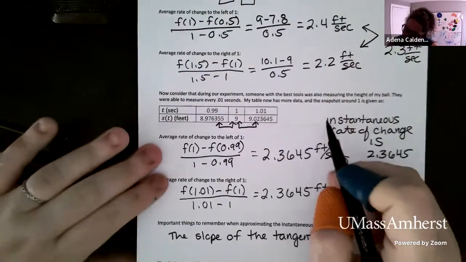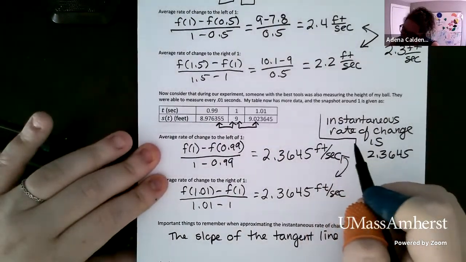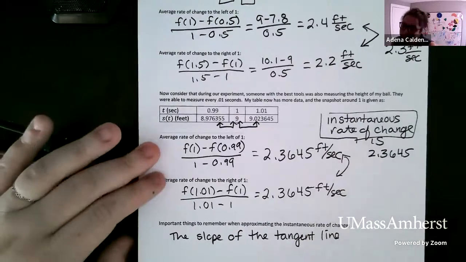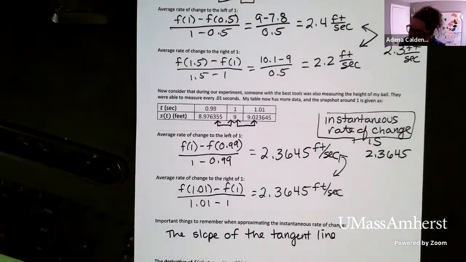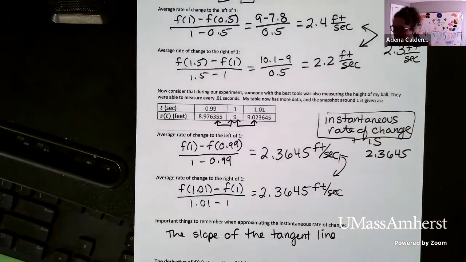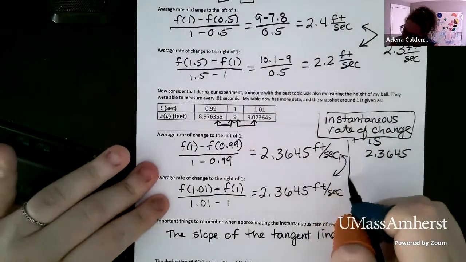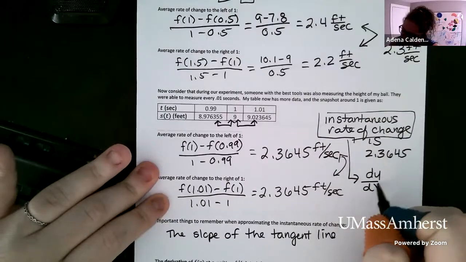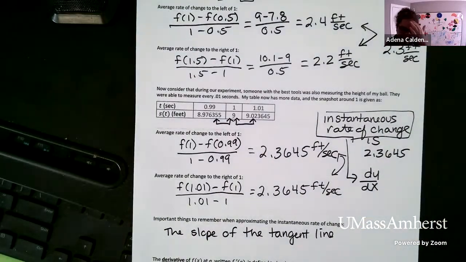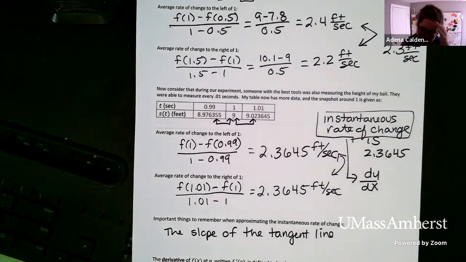Now, we've been using the words instantaneous rate of change, but there's also some notation that we could use instead of the words. And so this is where things get a little weird. Okay. So the notation that goes with instantaneous rate of change starts like this, dy dx.